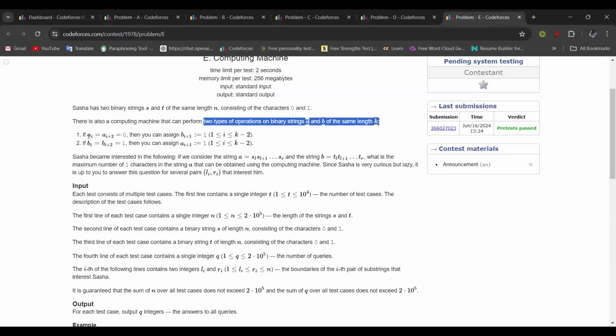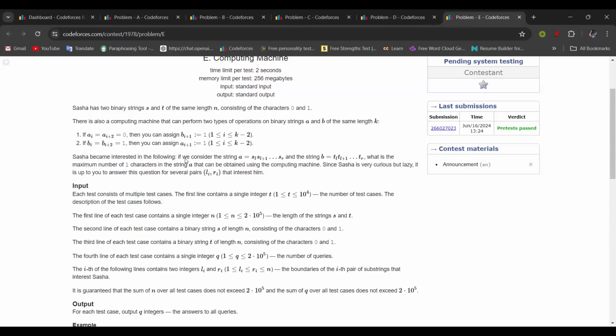If a_i is equal to a_{i+2} equal to 0, then you can assign b_{i+1} as 1. And if b_i is equal to b_{i+2} equal to 1, then you can assign a_{i+1} as 1.